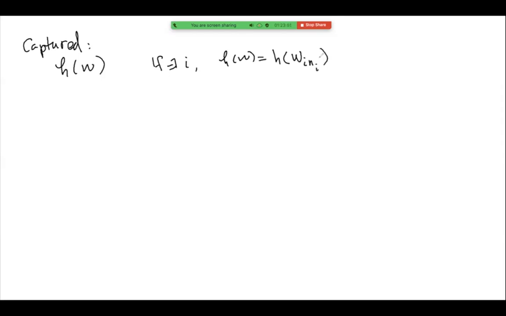If it is, then I can hopefully start from Wi1, and then this is H going to Wi2 and so on. So this is WiNi, H of WiNi.